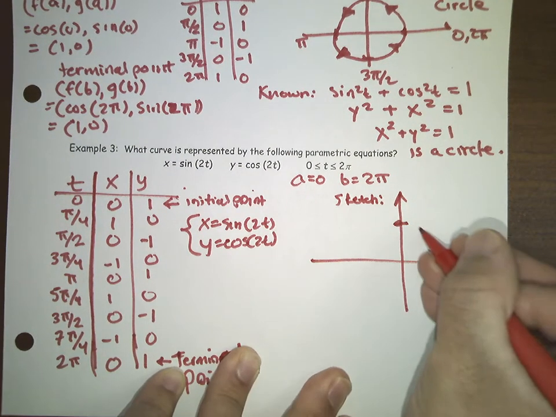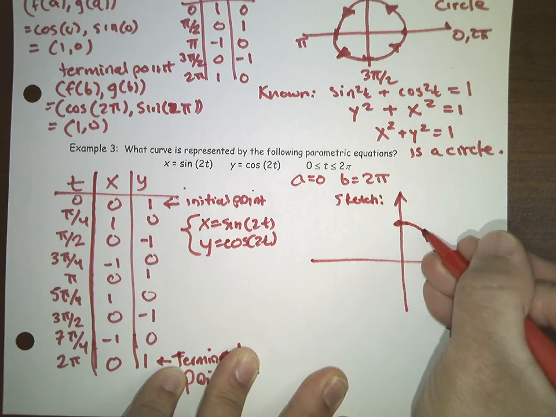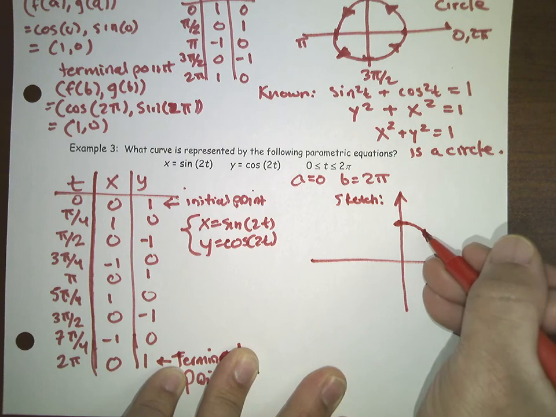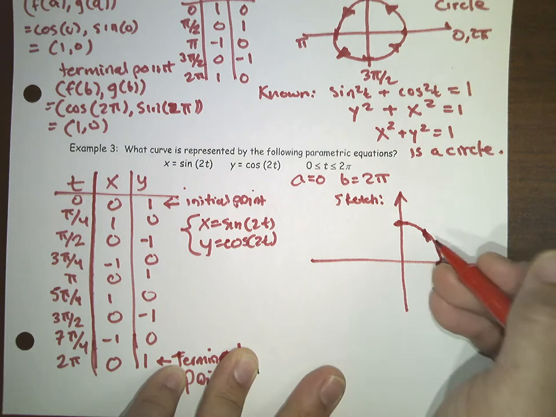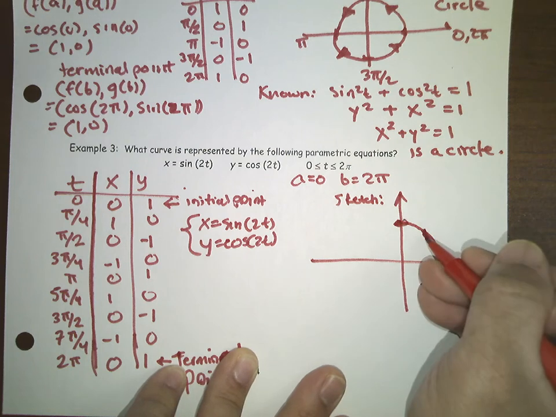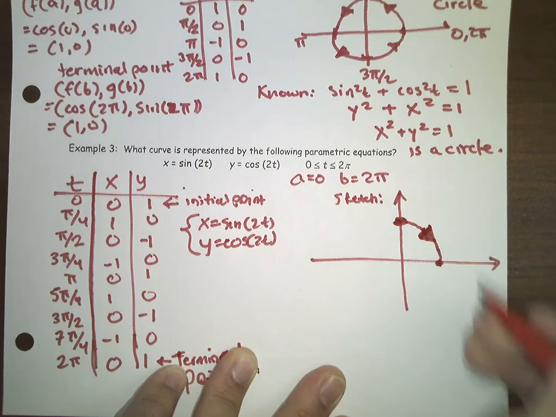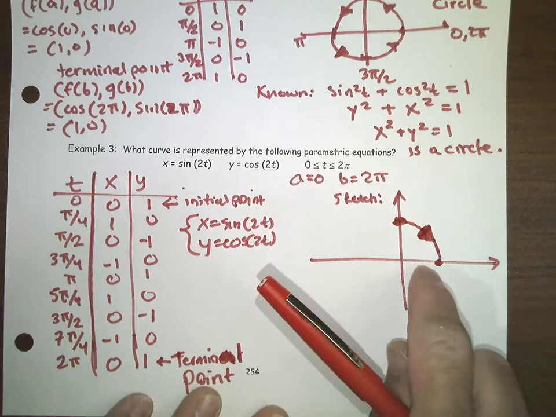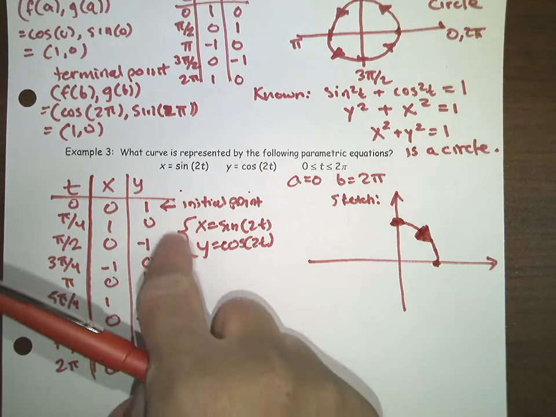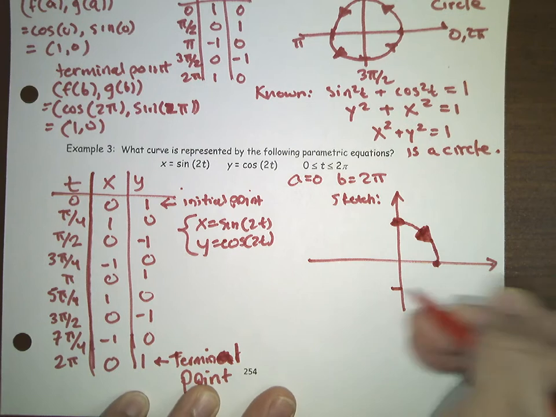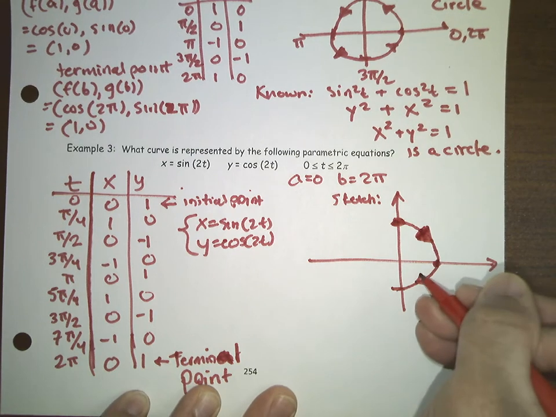And again, I want to keep track of which direction this is going. If I start at (0, 1) and then go to (1, 0), then in this case I'm going clockwise, then (0, -1). So here we go, clockwise.